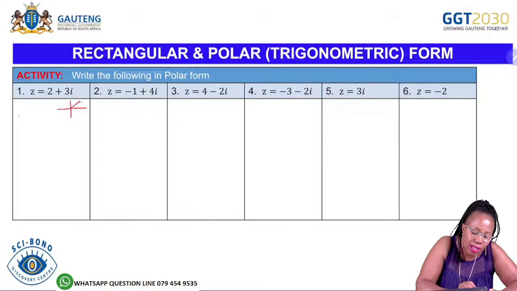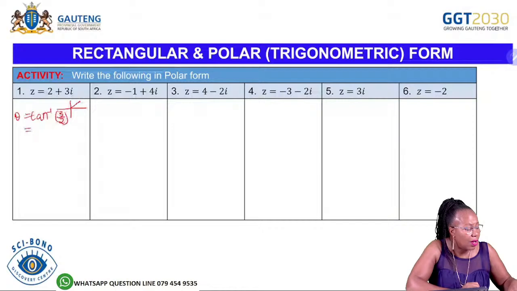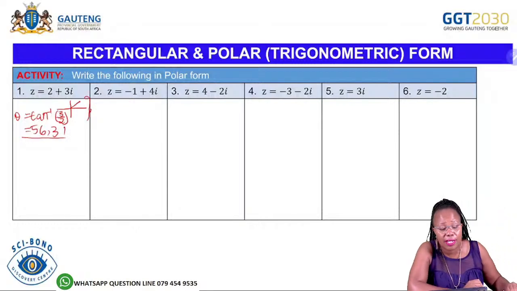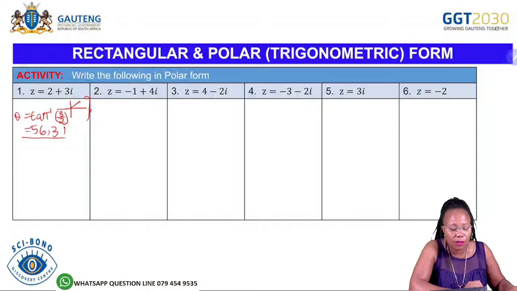That means your theta will be arctan of B over A, which is 3 over 2. The answer will be 56,31. This diagram will assist you in terms of the value of theta. It's very important that you identify the quadrant.